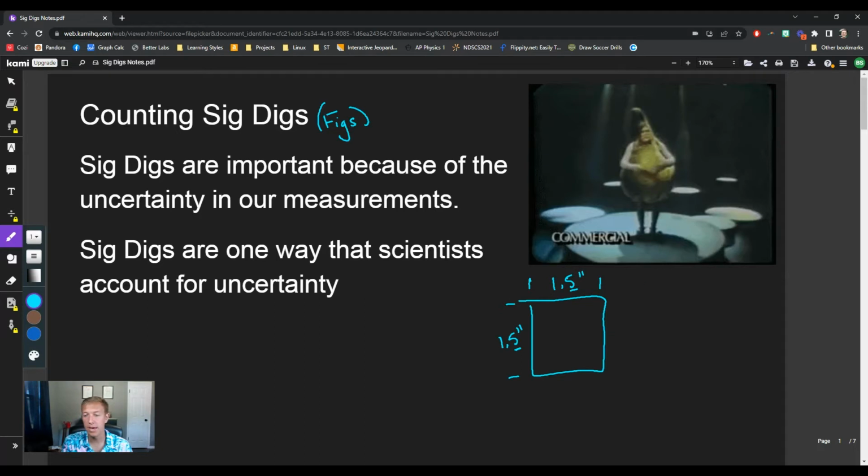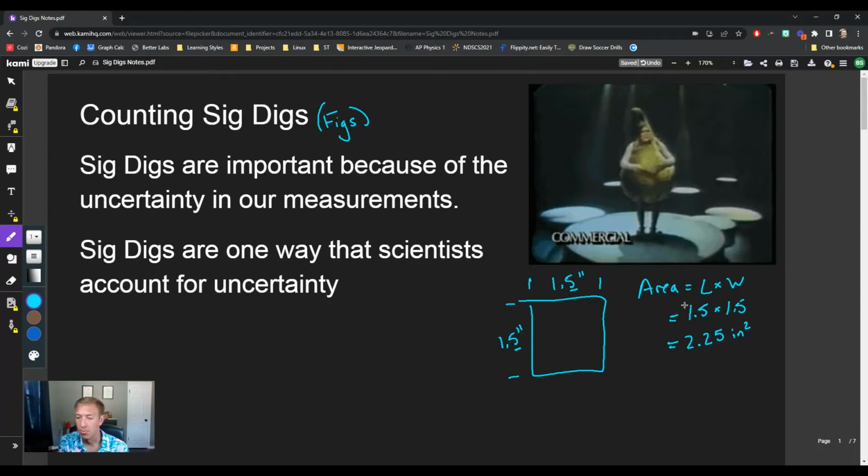Now, if we wanted to solve for the area here, we would take the length times the width, which would in this case just be 1.5 times 1.5, which would then be 2.25 inches. So notice here my area measurement, and sorry, it's not 2.25 inches, it's inches squared there.